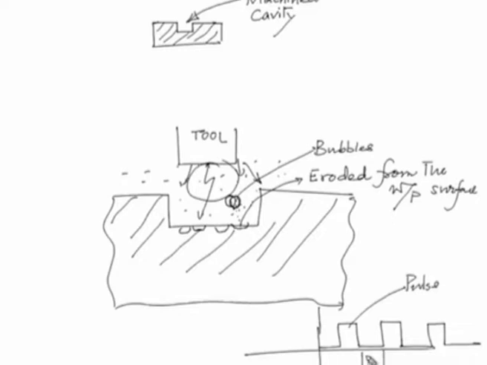This is when there is no voltage applied, and we can call this the off period, or there is no pulse applied between the tool and the workpiece, during which, as I was talking about, the new or fresh dielectric gets filled into this zone.